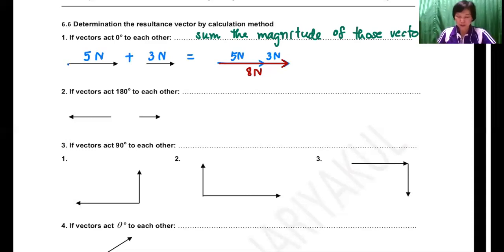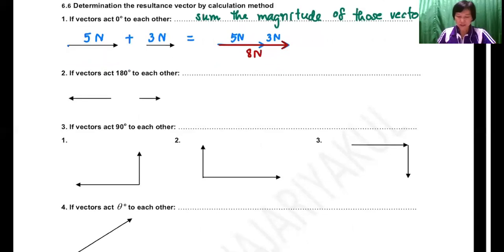Okay. Next, what if the angle between them is 180 degree, or they point to the opposite direction? In this case, I will suppose the same. Suppose that this vector is a force of 5 Newton and there is another force of 3 Newton acting on an object.